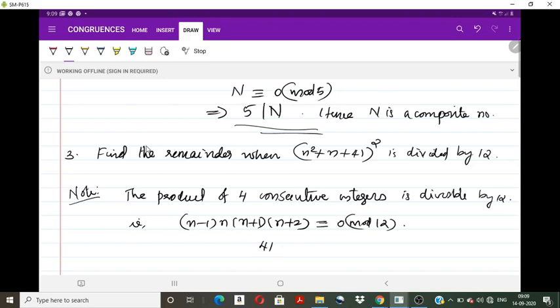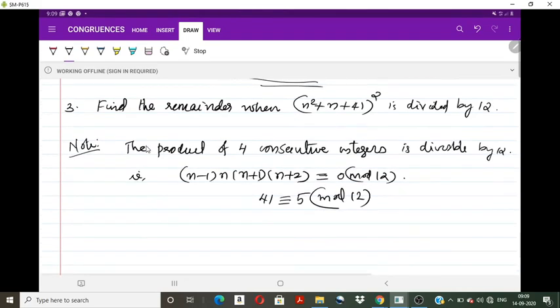And we have 41. 41 is congruent to what? 36 is a multiple of 12, so 36 plus 5. So 41 is congruent to 5 modulo 12.